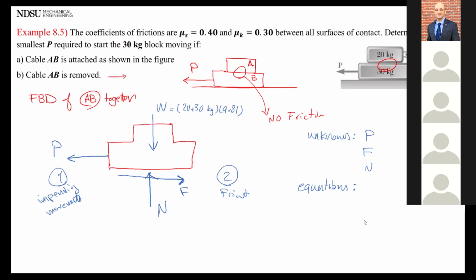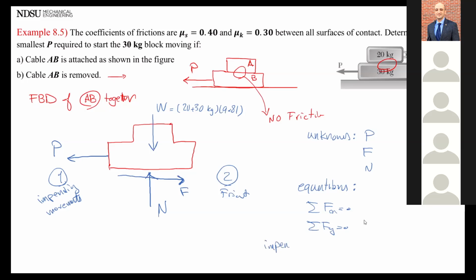Three with impending motion. I have the summation of forces in X equals 0, summation of forces in Y equals 0. I have summation of moments, but this problem doesn't have any dimensions, so I can't use it because the size really was not the issue here.